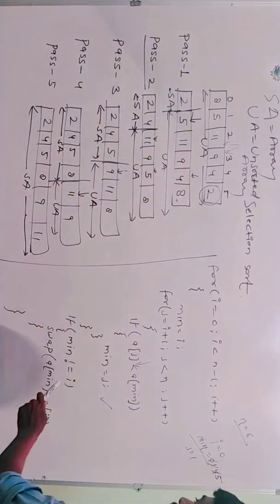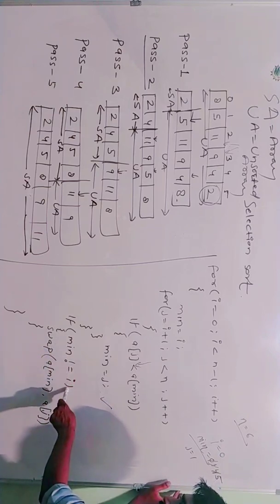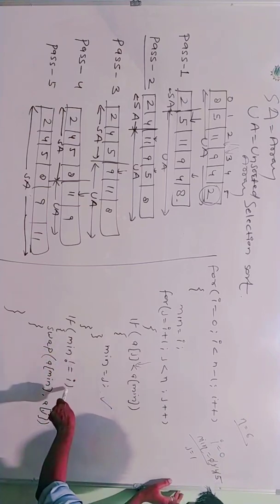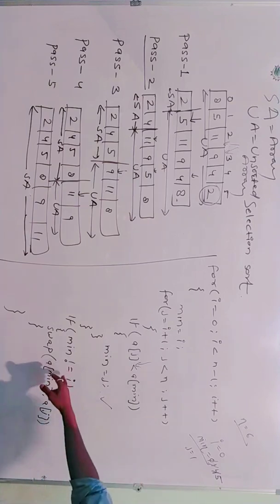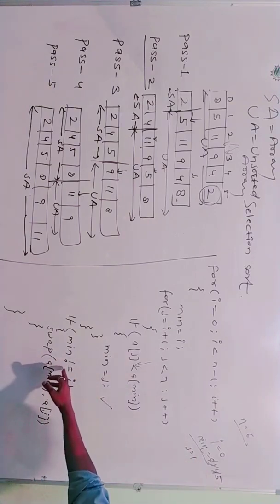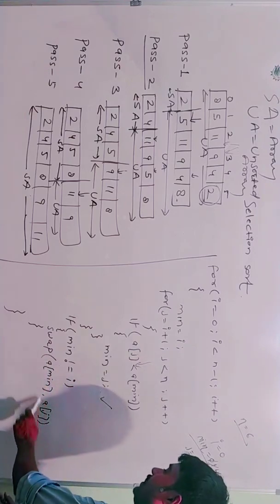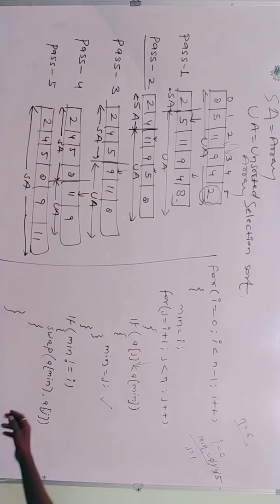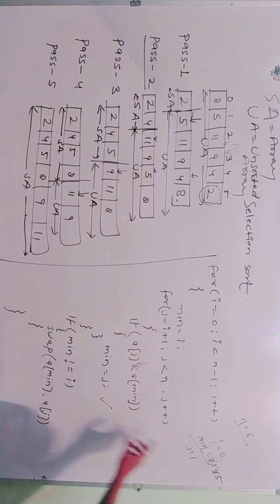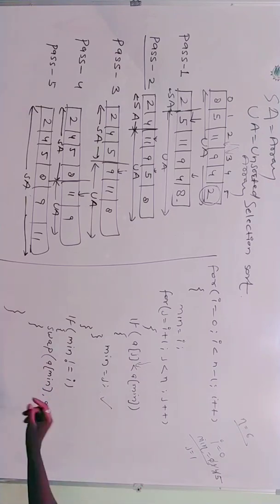Now what will be the code for that? If minimum is not equal to I: I is 0, minimum is 5, and 5 is not equal to 0. The condition is true. Swap A of minimum with A of I. What is the value of minimum? 5. What is the value of I? I is 0.